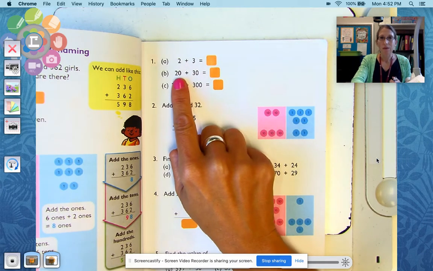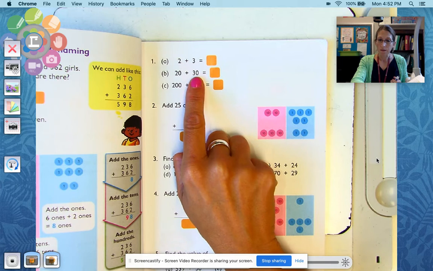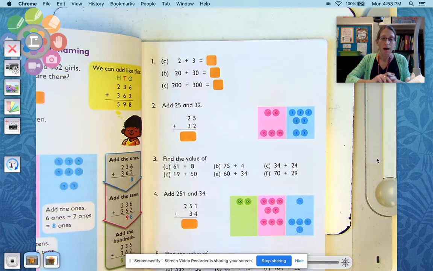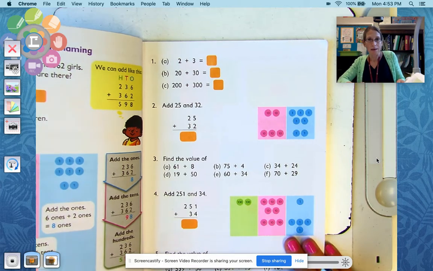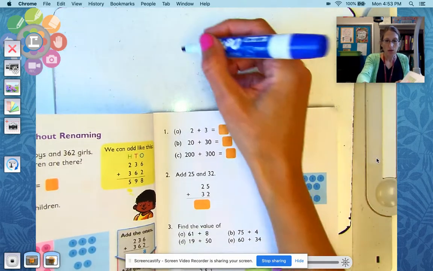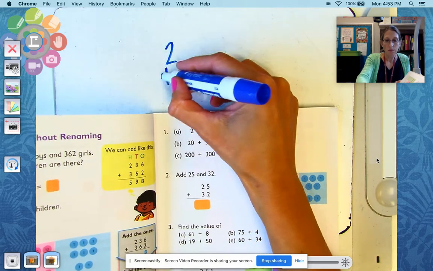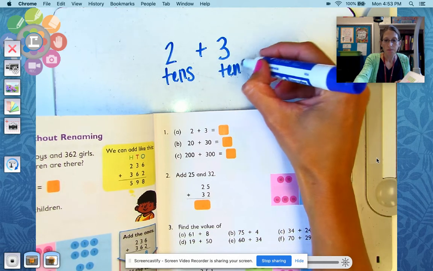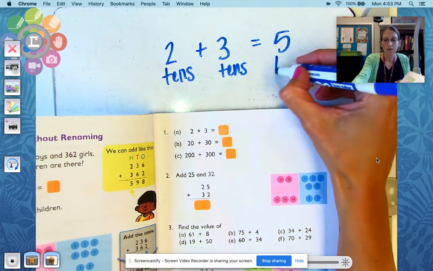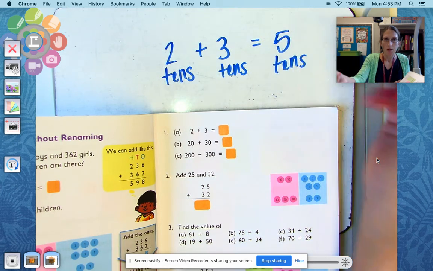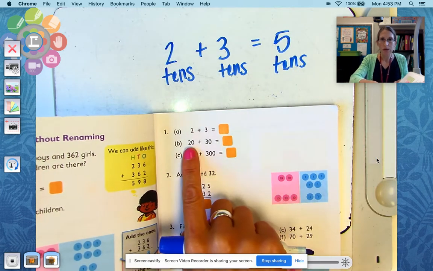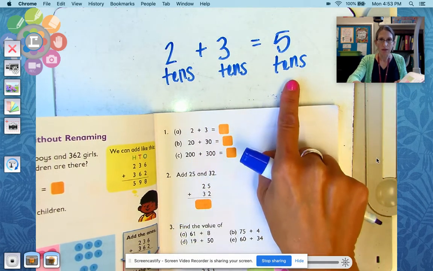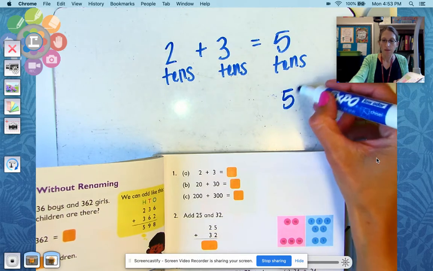So we can think about this as 2 tens plus 3 tens makes 5 tens. It's sort of just the same, except we just have to add a 10. So we could think of it as 2 tens plus 3 tens equals 5 tens. And we know this is 2 tens, 20, plus 30 is 3 tens. So our answer, 5 tens, is 50.